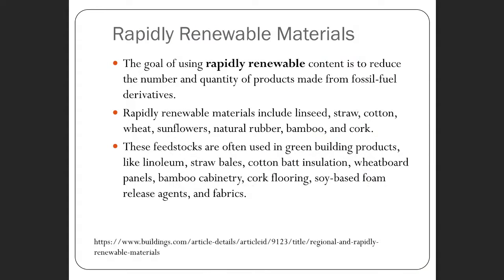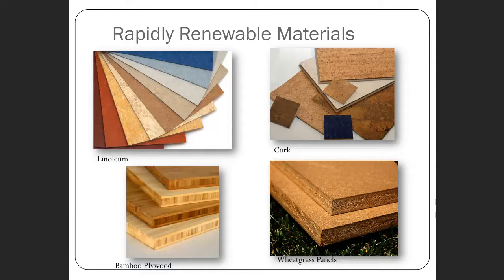In the LEED rating system, we also have what are called rapidly renewable materials, things that are renewed in nature fairly rapidly, that we can incorporate in our designs and construction.